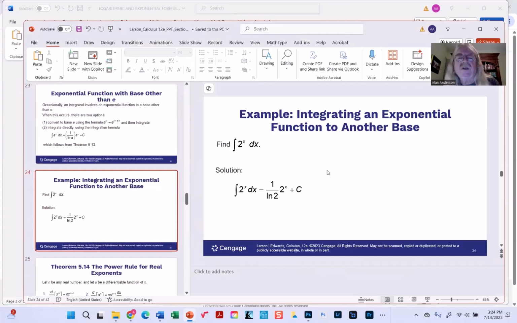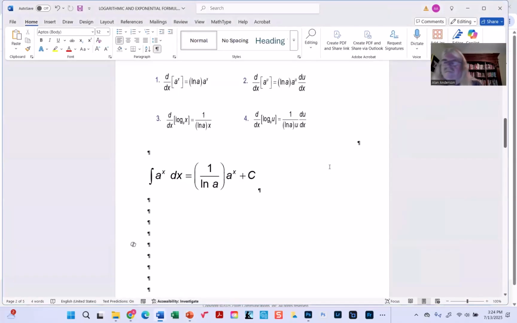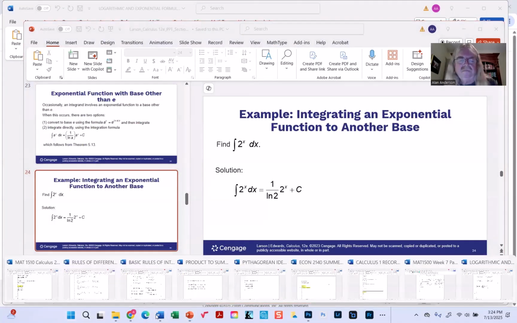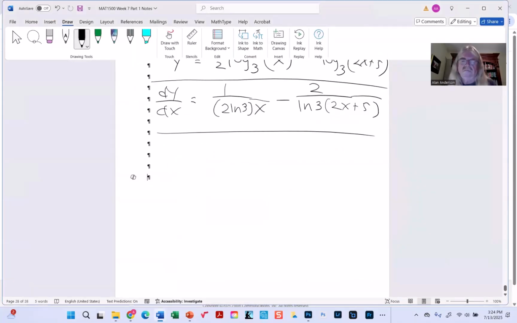So if we, for example, want the integral of 2 to the x, we can use that property that we just saw.